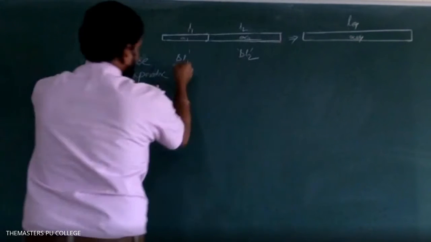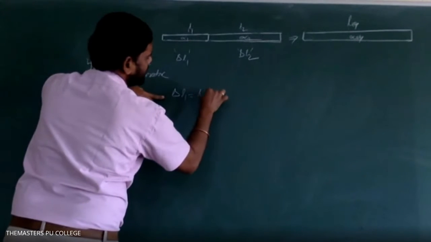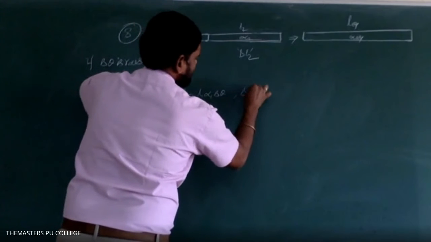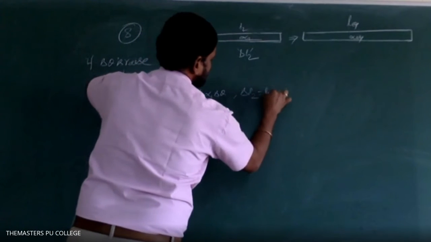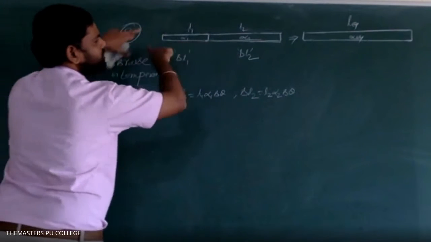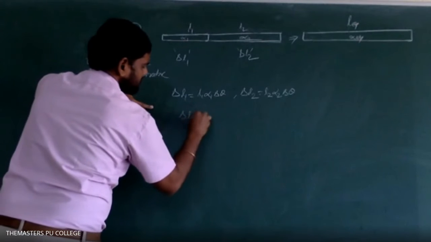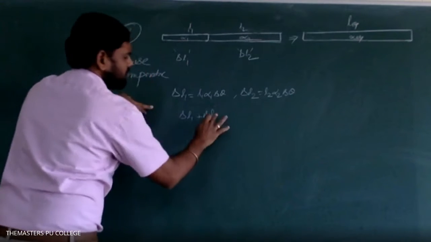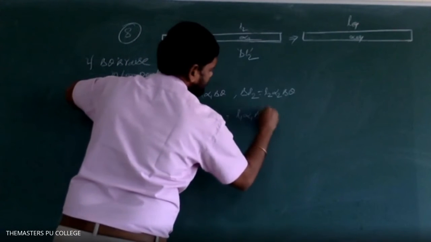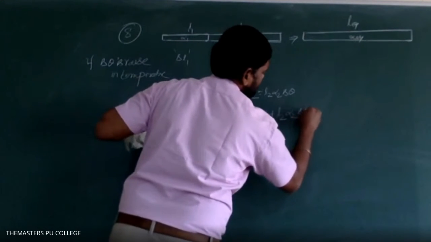So then we write delta L1 equals L1 alpha 1 into delta theta. Similarly, delta L2 equals L2 alpha 2 into delta theta. So what is the net elongation produced in this composite bar? Net elongation is nothing but delta L1 plus delta L2. Then I can write L1 alpha 1 delta theta plus L2 alpha 2 delta theta.